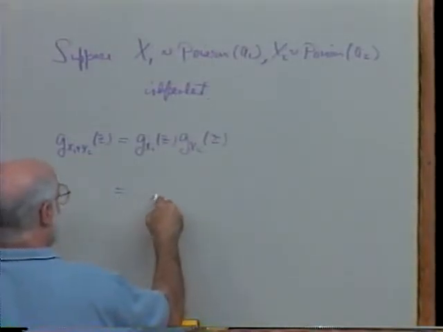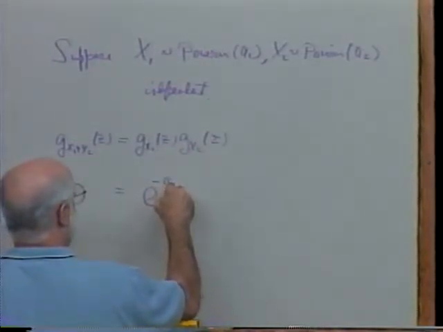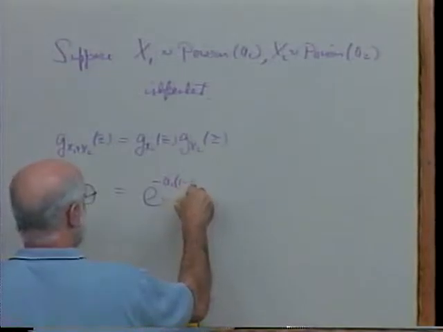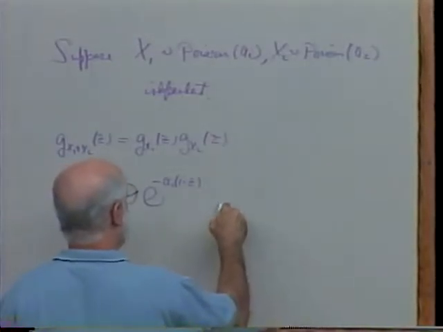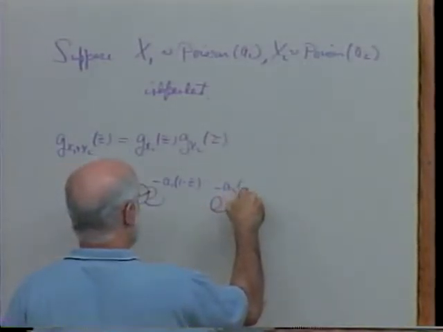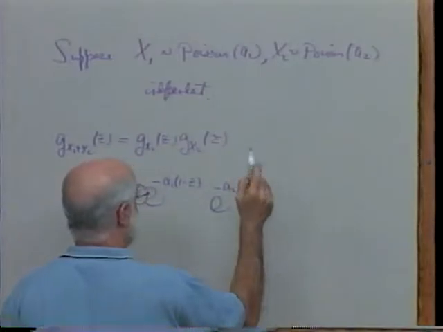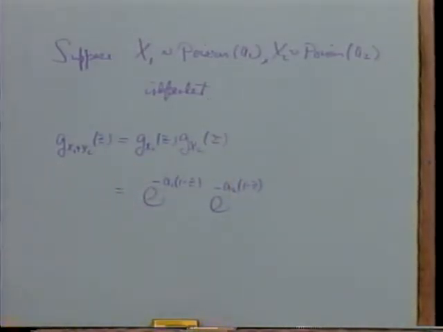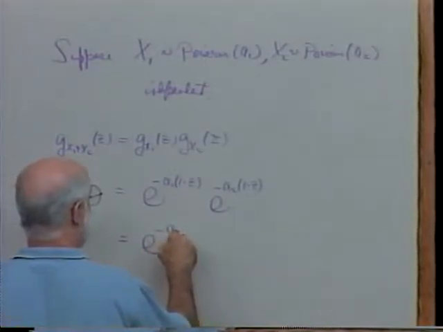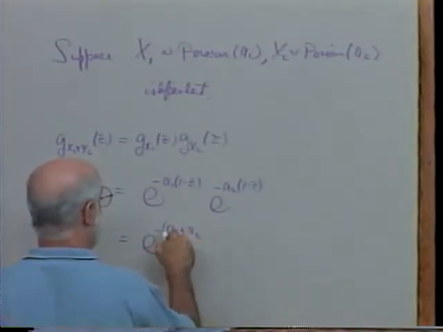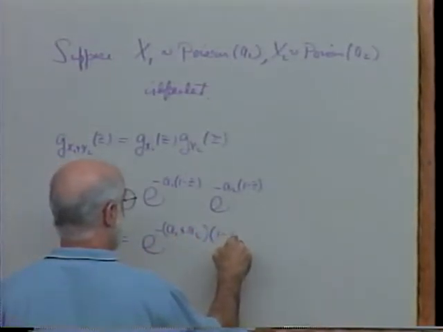And so this is e to the minus a1 times 1 minus z. That's the generating function for the first one. The generating function for the second one is exactly the same form, except that instead of a1, I have a2. But now by arithmetic, that's the same thing as e to the minus a1 plus a2 times 1 minus z.